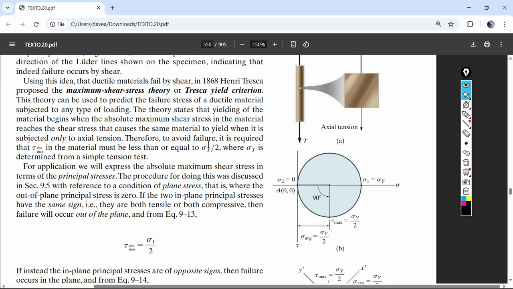In just the normal tension divided by 2 for that material. Okay, fair enough.